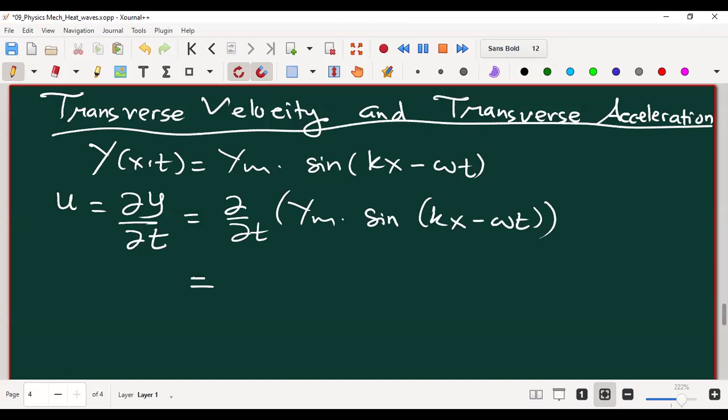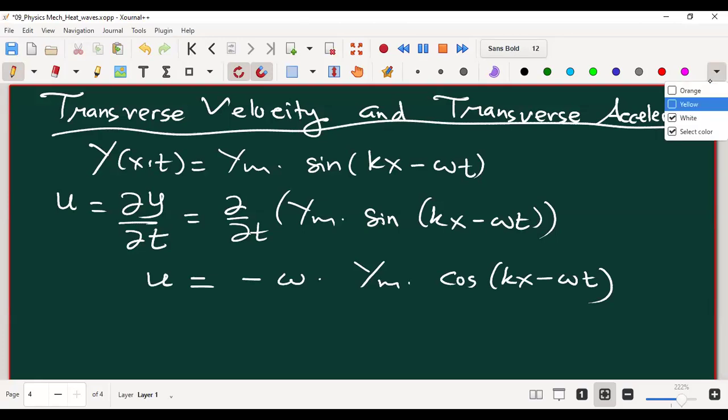So this becomes −omega ym cos(kx − omega t). This one is the velocity of vibration. u is the transverse velocity.